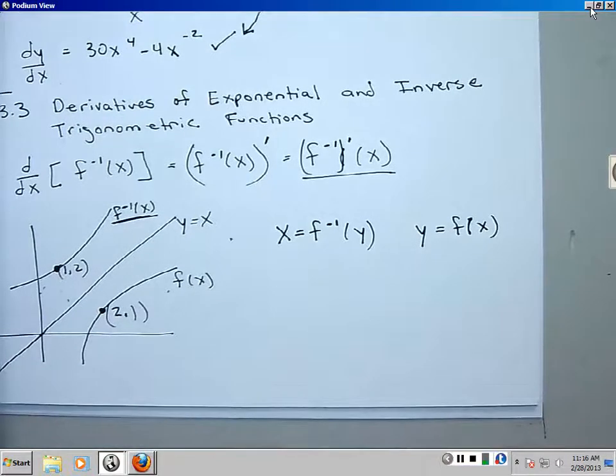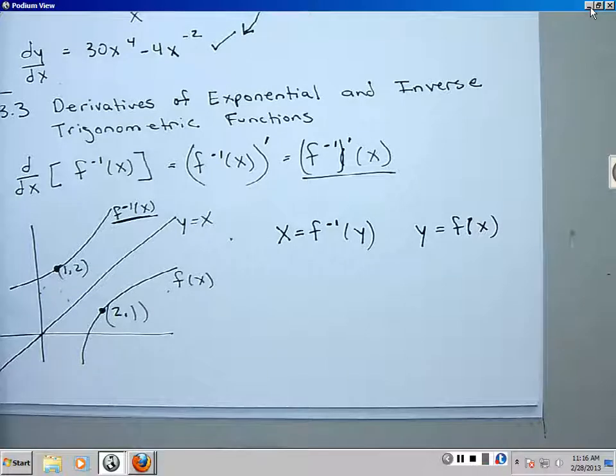So what it's saying is, if I plug in x to my function, I get out y. If I plug y into my inverse function, I get out x. Sometimes I think it's better if they use a and b, but I want to use the same notation your book uses, so if you want to read in your book, you can follow through with that.